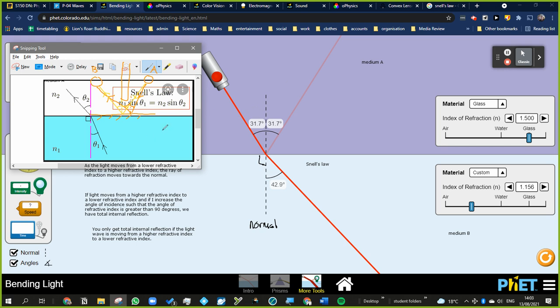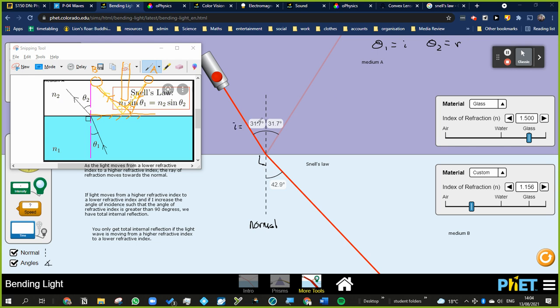So basically, according to that, theta 1 is the angle of incidence, and theta 2 we can say is equal to the angle of refraction. In this case, the angle of incidence is 31.7 and the angle of refraction is 42.9, right?